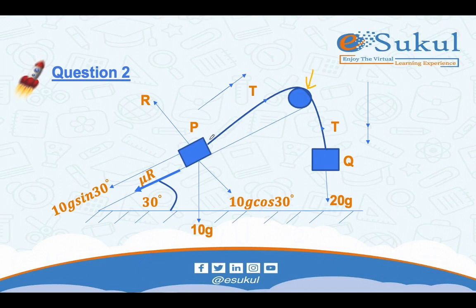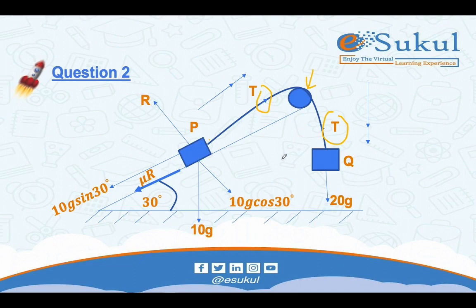So again, we have the tension. They share the same tension since they have the same elastic string. And we have the acceleration on P acting upward, and on Q we have it downward, since the weight of Q is heavier than the weight of P.